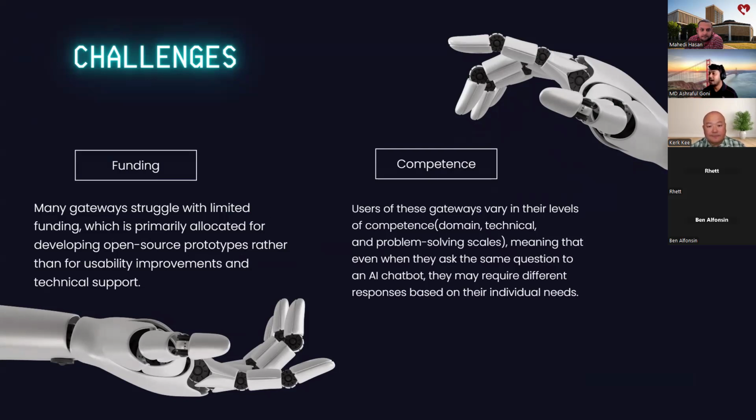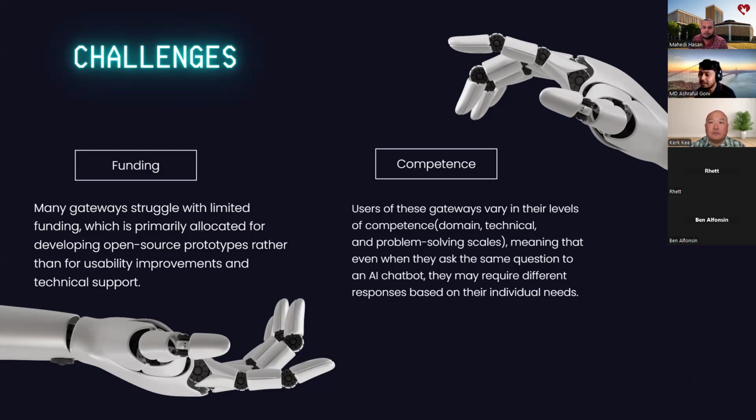So when they ask for funding, gateway developers mostly try to ask money for developing code and stuff like that. They don't think more about user-centric research or usability research or user experience research. So that is one of the limitations that gateway developers do not consider when they apply for NSF funding.